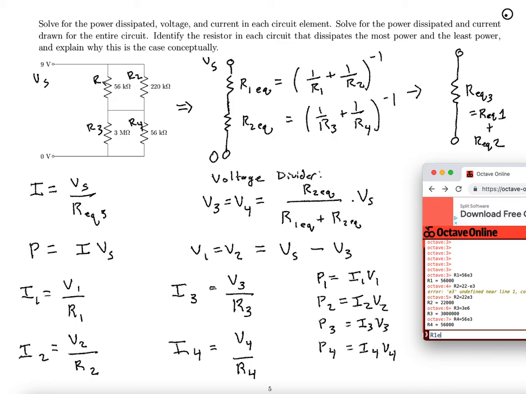R1 equivalent, or I'll call it R equivalent 1, is 1 over R1 plus 1 over R2, and then the inverse of that entire expression. Just parentheses, 1 over R1 plus 1 over R2, the inverse.